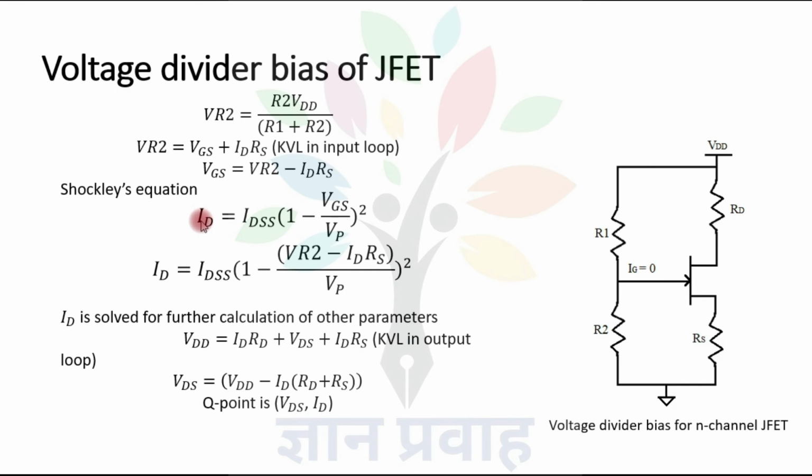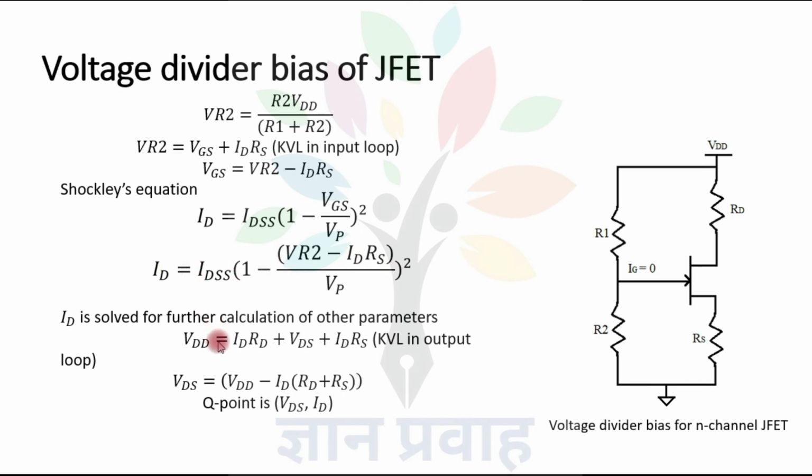And ID in case of JFET is ID equal to IDSS into (1 minus VGS upon VP) square, or ID equal to IDSS into (1 minus (VR2 minus ID RS) divided by VP) square. So this is a quadratic equation. So from this equation we can find out the value of ID.